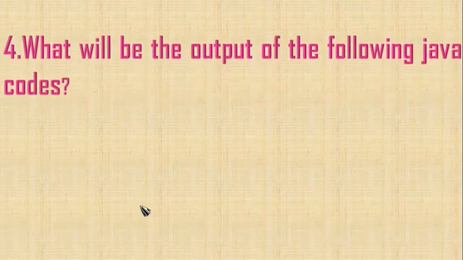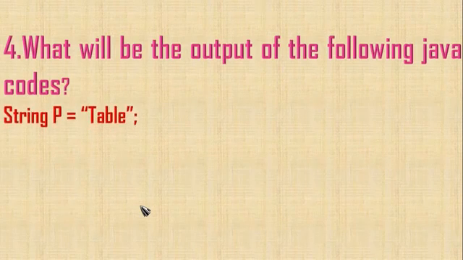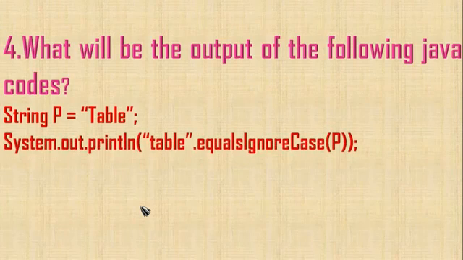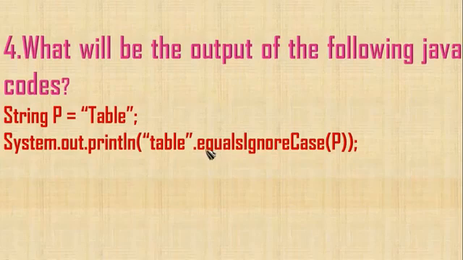Let us go to the fourth question. What will be the output of the following Java code again? String p is equal to table. The printing statement is table, which is given with a small t here, dot equalsIgnoreCase of p. We should know the output data type of this function.